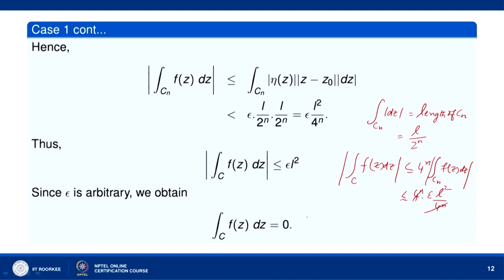So, this will cancel and we will get epsilon L square. Now, epsilon is arbitrary, so taking epsilon to be arbitrarily small, we arrive at integral over C f z dz equal to 0. So, when C is the boundary of a triangle, we found that integral over C f z dz equal to 0.